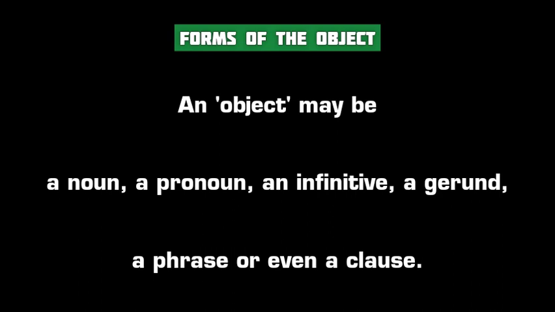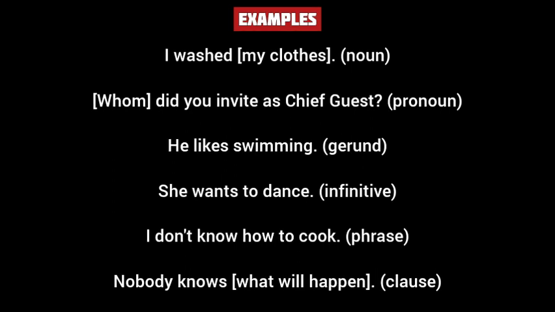Now, just as the subject, the object may also have different forms. An object may be a noun or a pronoun or an infinitive or a gerund or a phrase or even a clause.